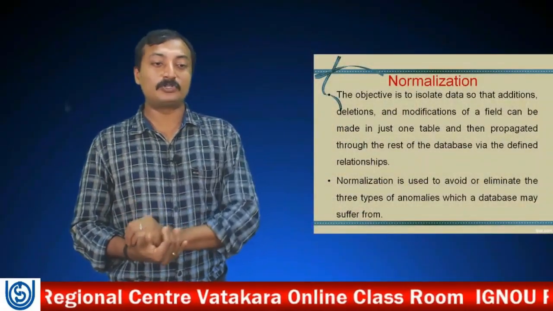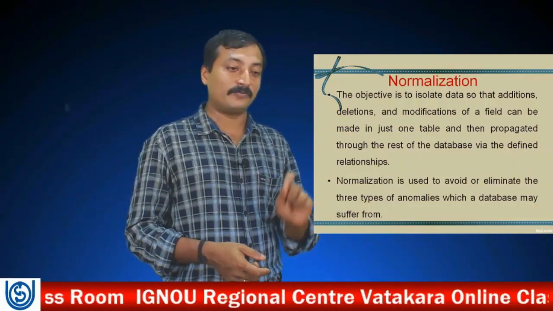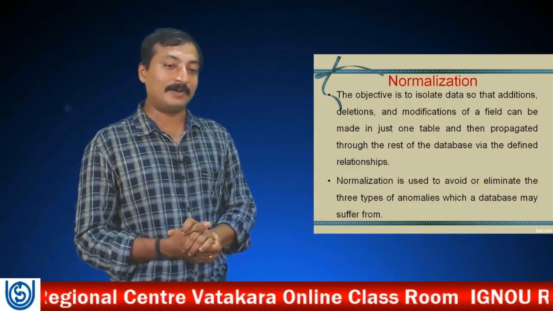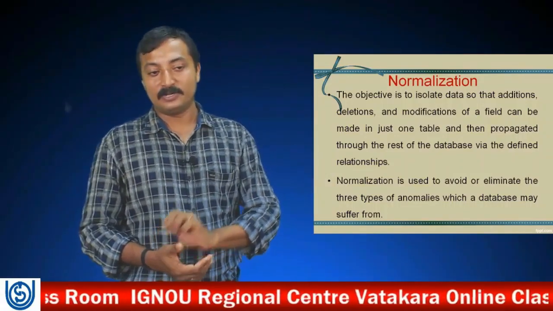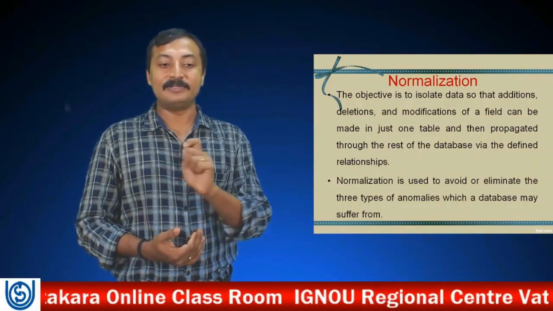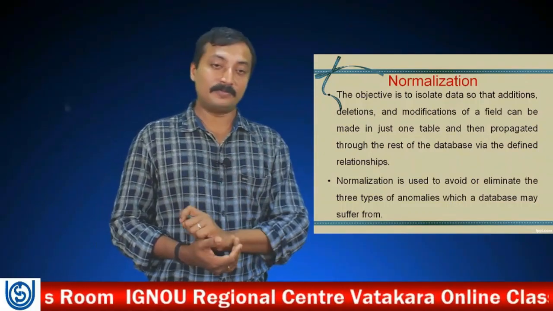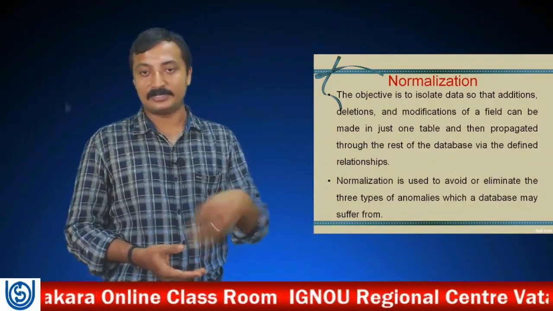The objective is to isolate data so that additions, deletions, and modifications of a field can be made in one table and then propagate through the rest of the tables via defined relationships. Normalization is used to avoid or eliminate the three types of anomalies which a database may suffer from: insertion anomaly, deletion anomaly, and updation anomaly.